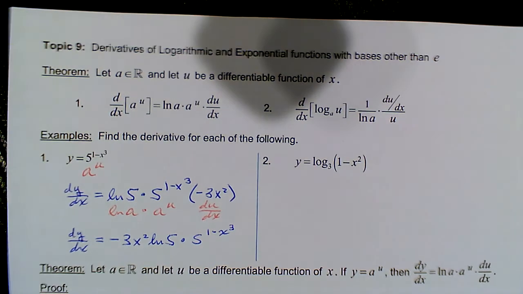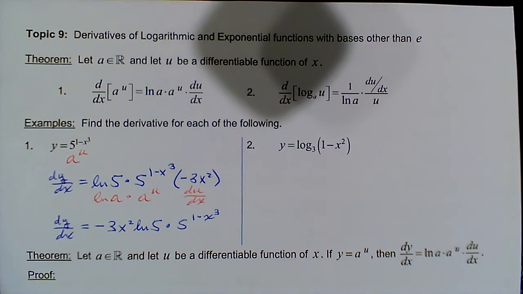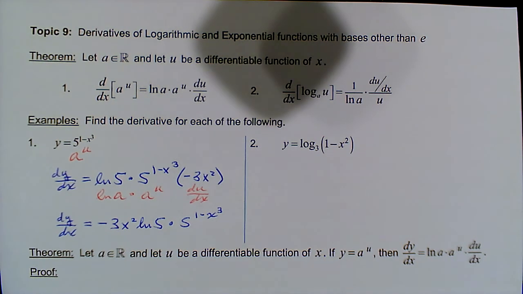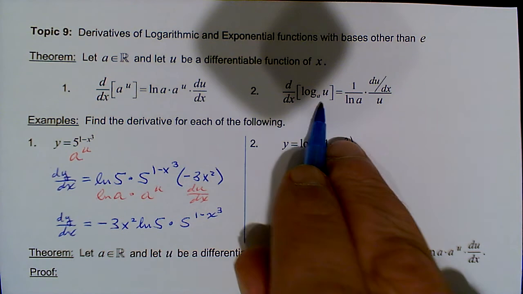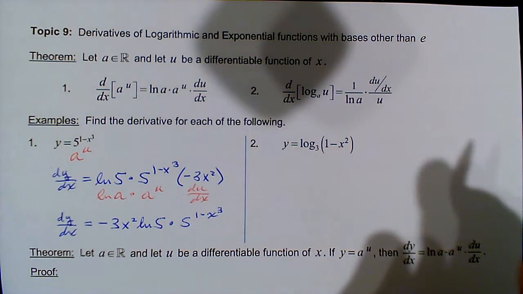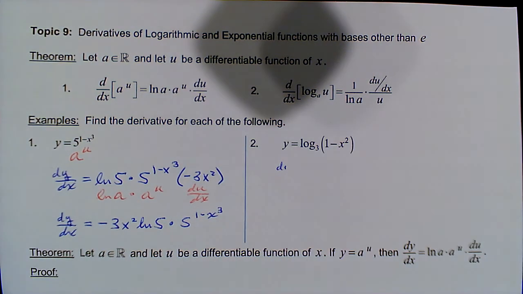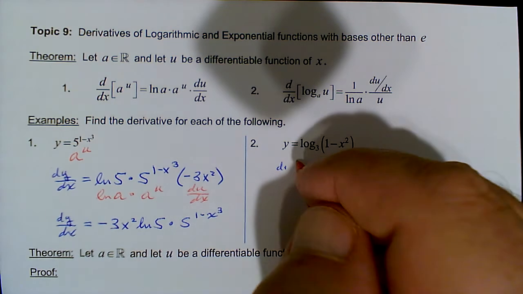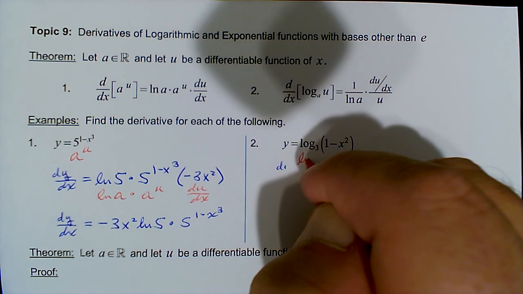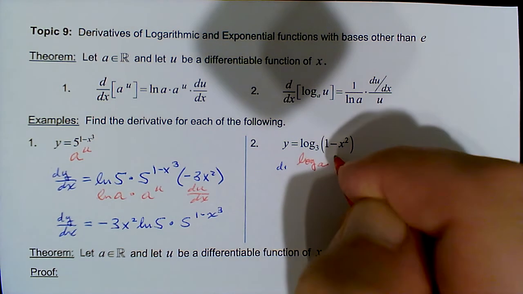Okay, so to the next example, that's showing the formula for log base a of u. A in this case is 3. So just match it up, follow along with the formula. The derivative, let me note that this is log base a of u.